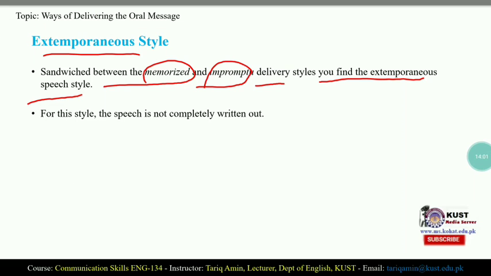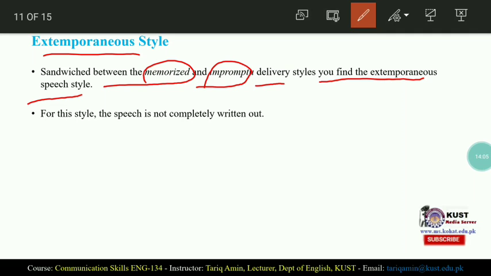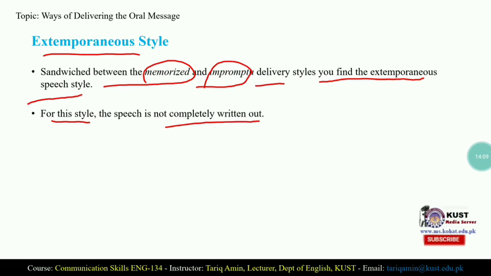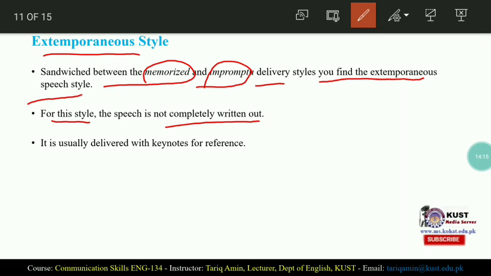For this style, the speech is not completely written out. It is usually delivered with keynotes for reference. You have your keynotes, you have your main points, and you look at your main points and you deliver your speech.